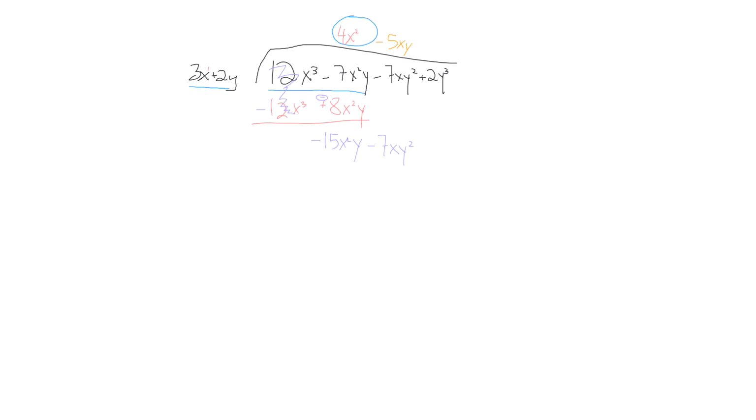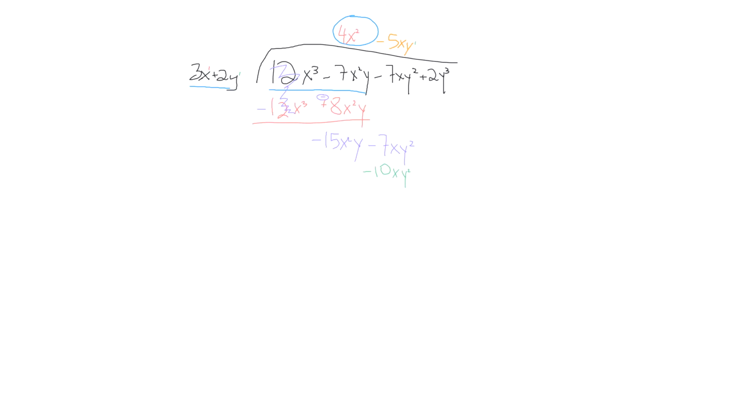So minus 5xy times 2y is minus 5 times 2 is minus 10. X, I only have one x, so x. I have 1y here times y here, so that's y squared. So this is my invisible one.